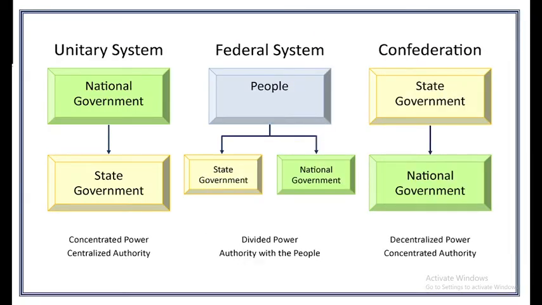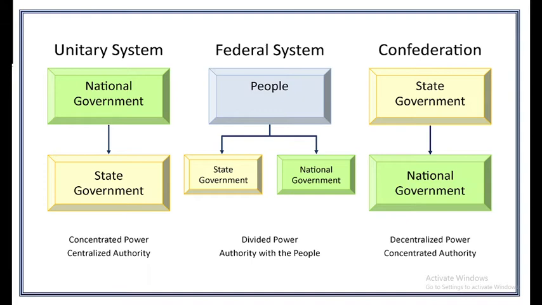Now here we can see an example of the three types of government. In a unitary system, power is derived from the national or central government and is delegated to the states. In other words, it is centralized, or powers are highly concentrated at the center.